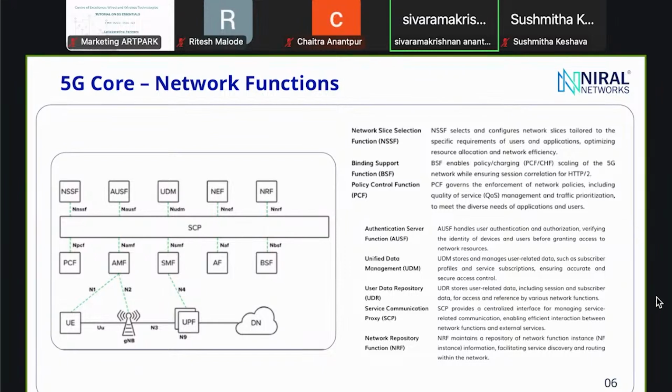And these communications might be some service calls. That is, AMF will get a registration request from one UE. It will call AUSF, and it will tell, please confirm whether this particular IMSI number is configured in our database.